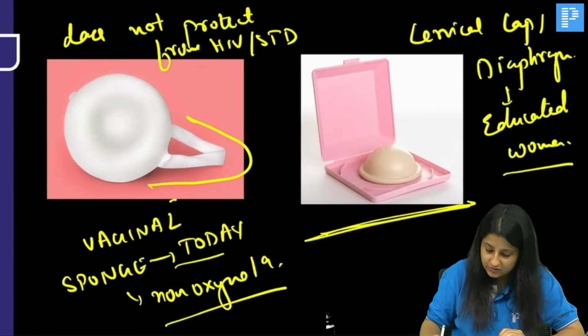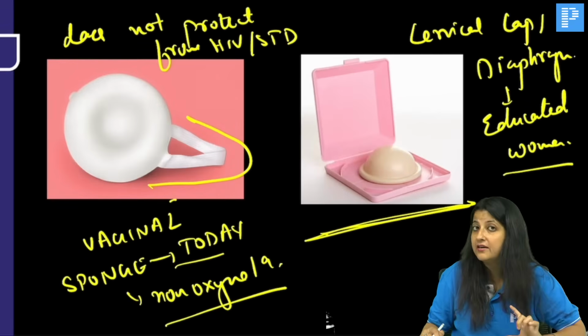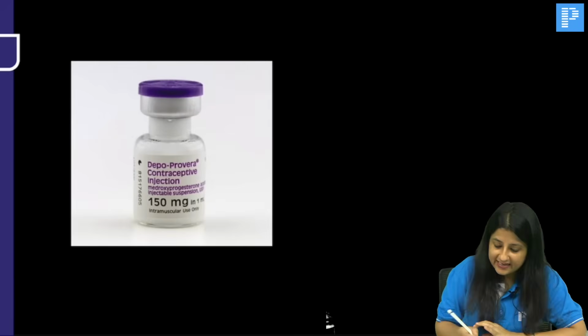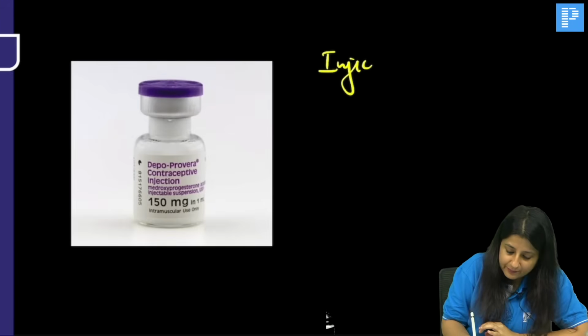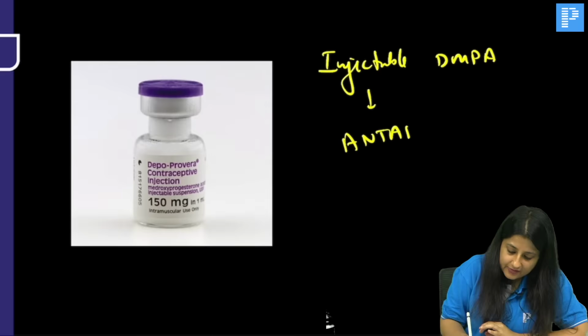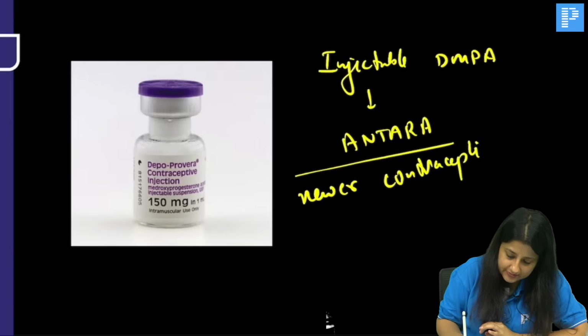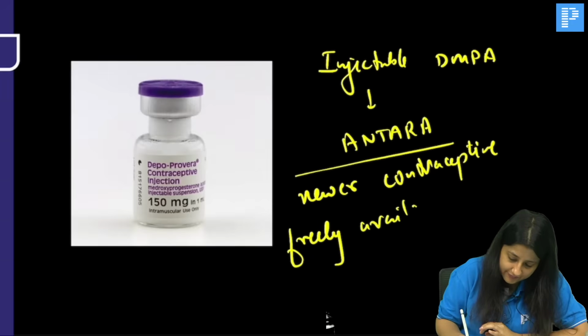For the vaginal sponge, mostly the question asked is nonoxynol-9. Okay. What is this? Injectable DMPA. Injectable DMPA is important because it is also known as Antara, which is a newer contraceptive freely available till the level of subcenter.